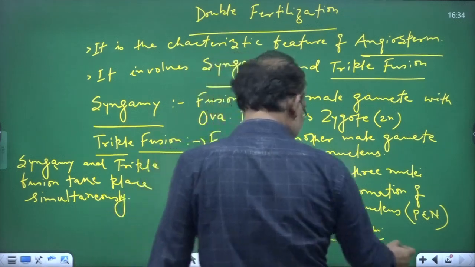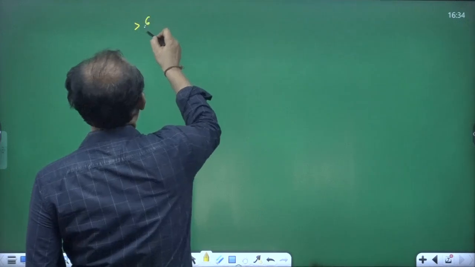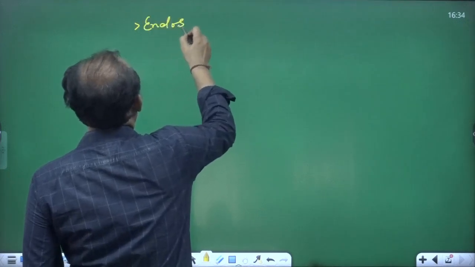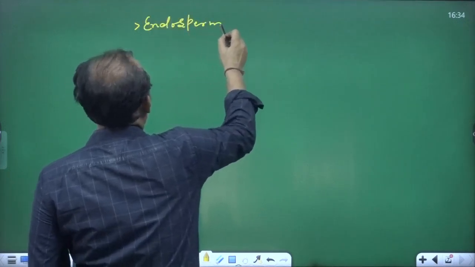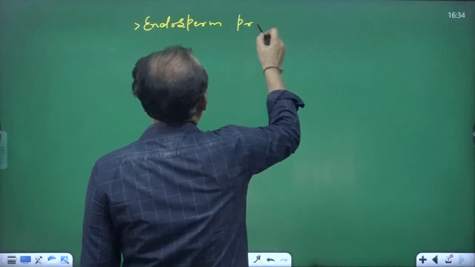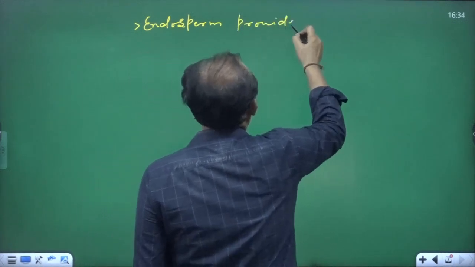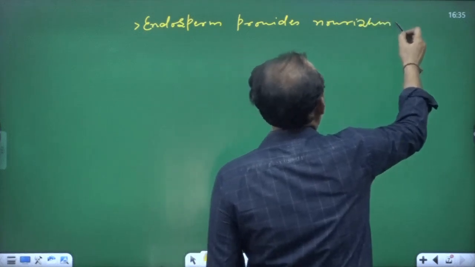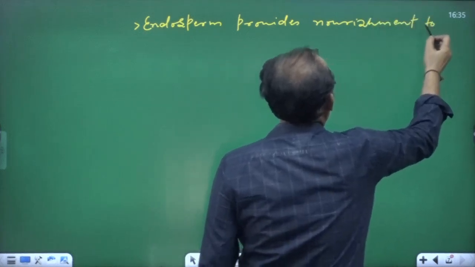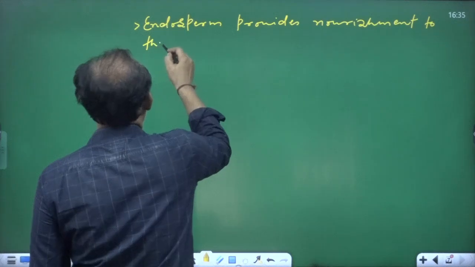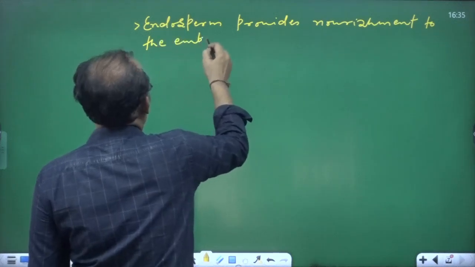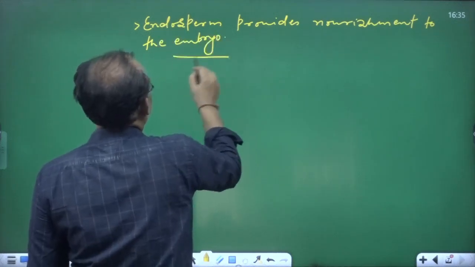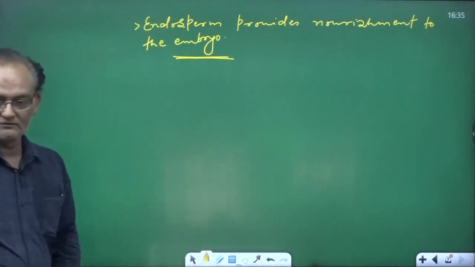So you can write that endosperm provides nutrition, nourishment to the embryo.